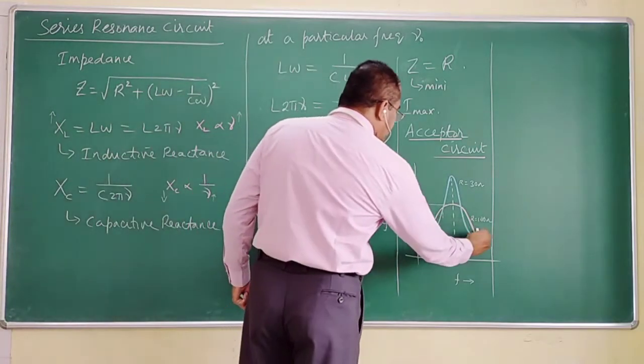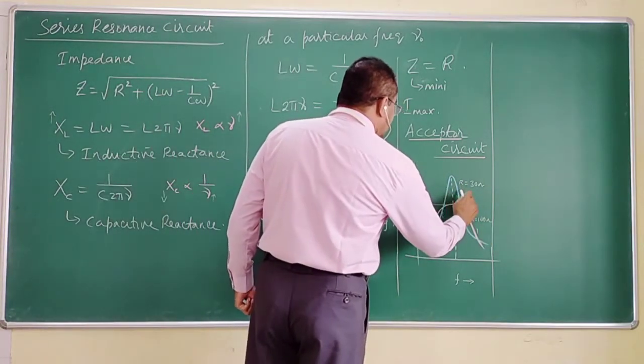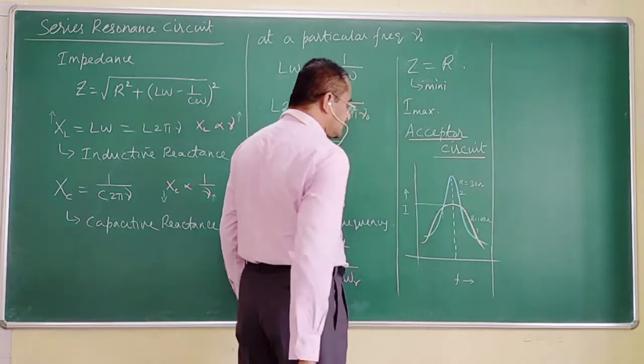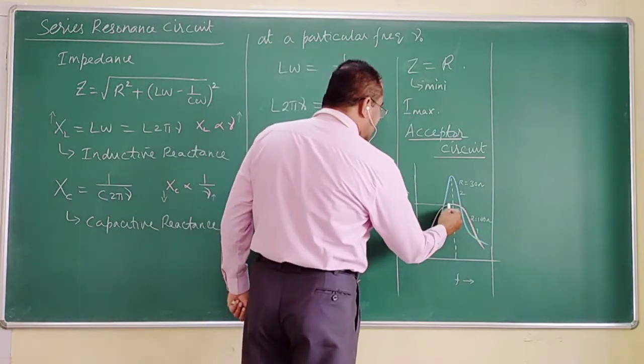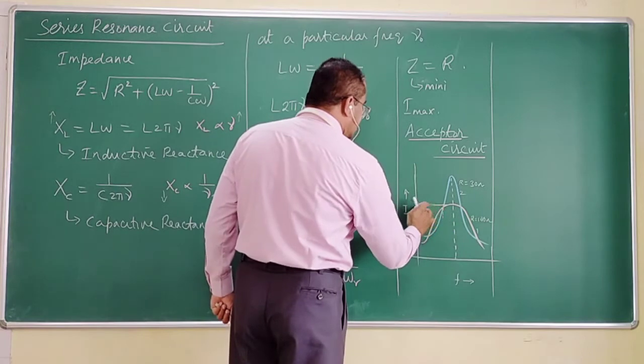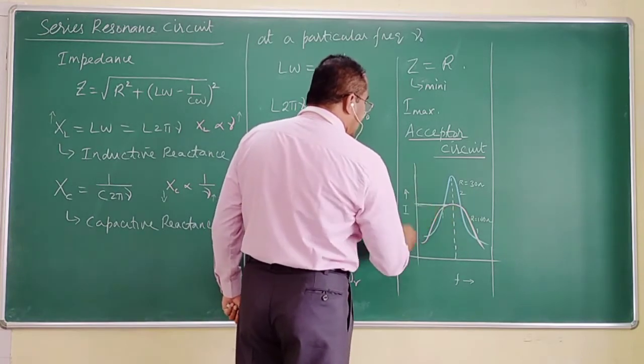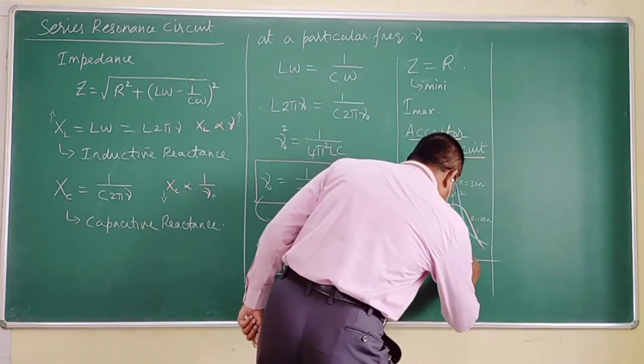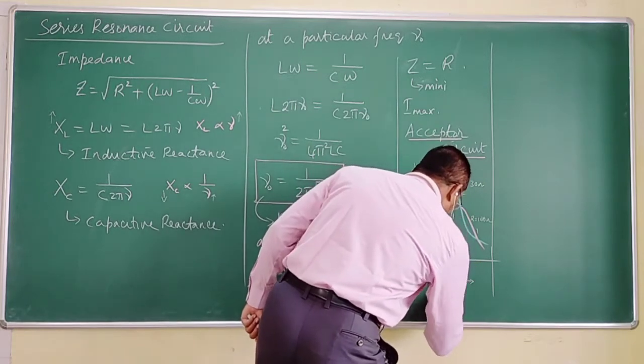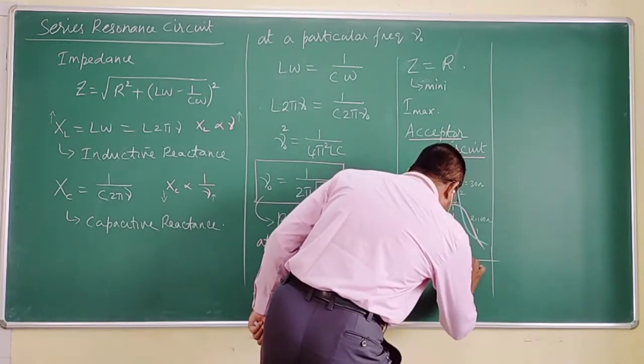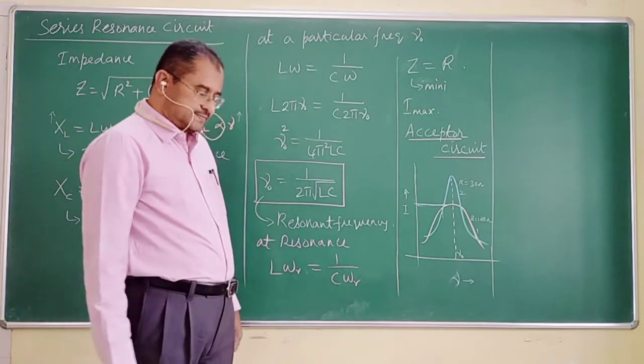For curve 1, this is the maximum current, and the frequency at which the current becomes maximum I call the resonant frequency nu naught.